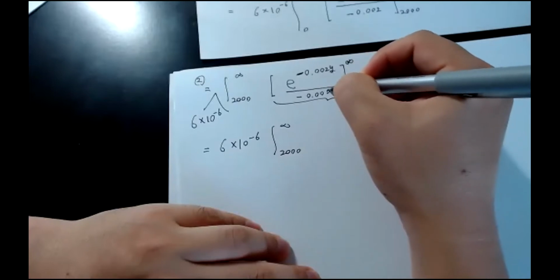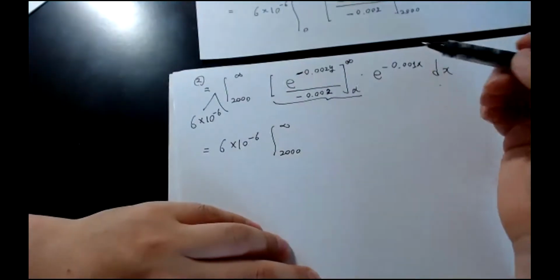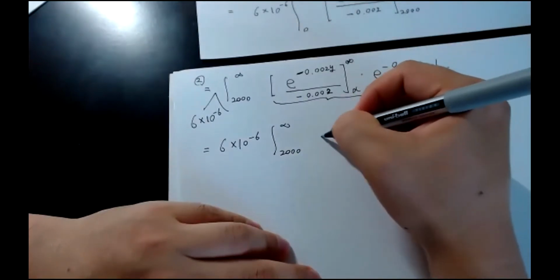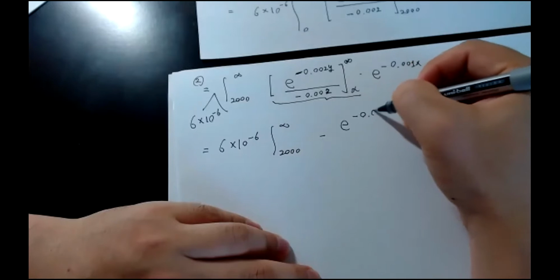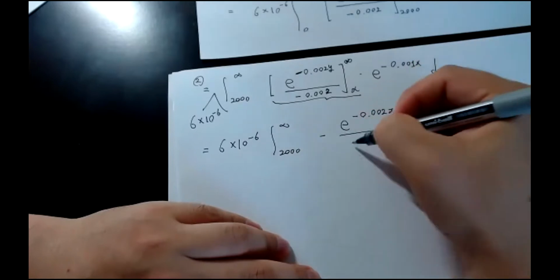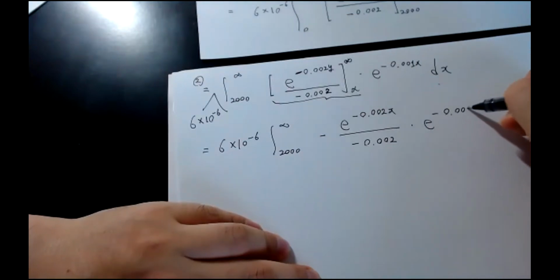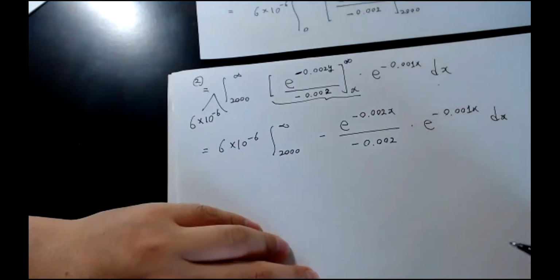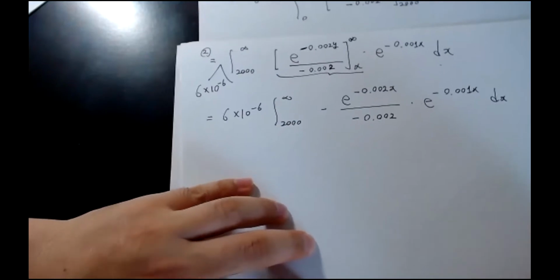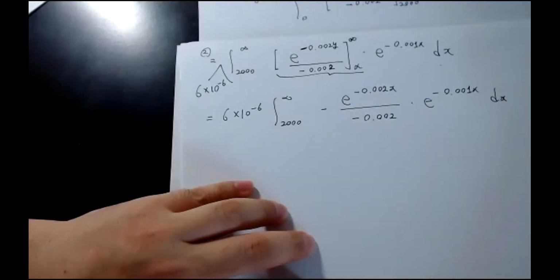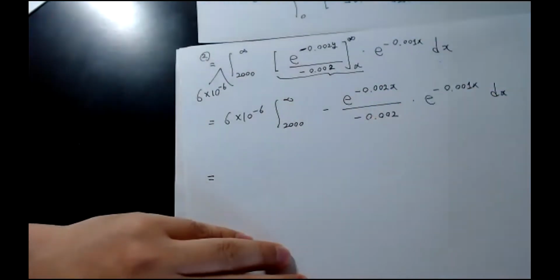I'm sorry, I forgot this. Now we substitute x for y, so we get e to the minus 0.002x over minus 0.002 times e to the minus 0.001x dx. We can combine these two terms, simplify, and evaluate the outer integral.